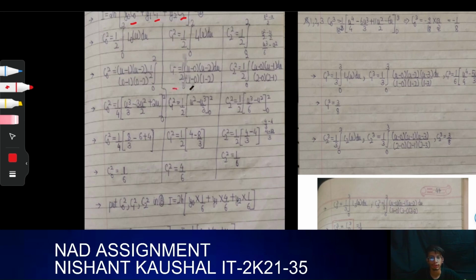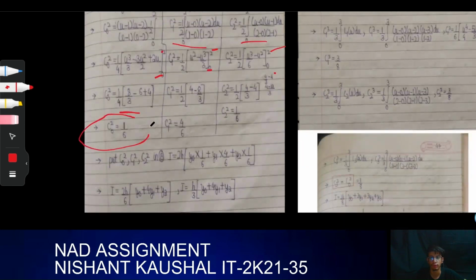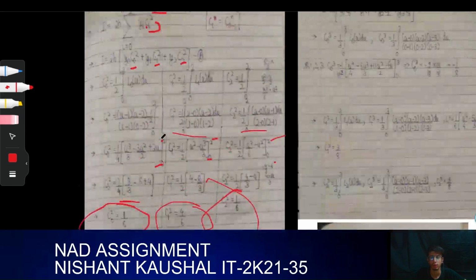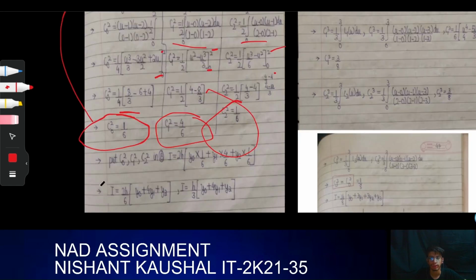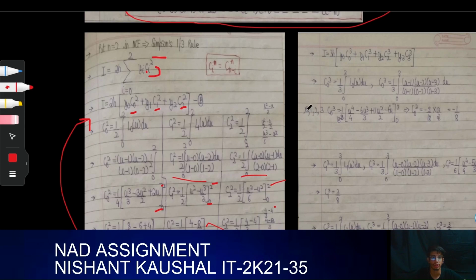Similarly, we will find c1, c2, right? And we will put the limits 0 to 2 here and solve this, and we will get what values? 1 by 6, 4 by 6, 1 by 6. And we will put these values in this term and we will get our Simpson one-third formula, right?